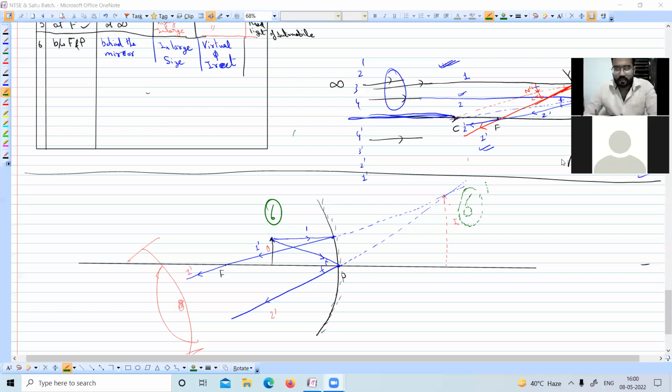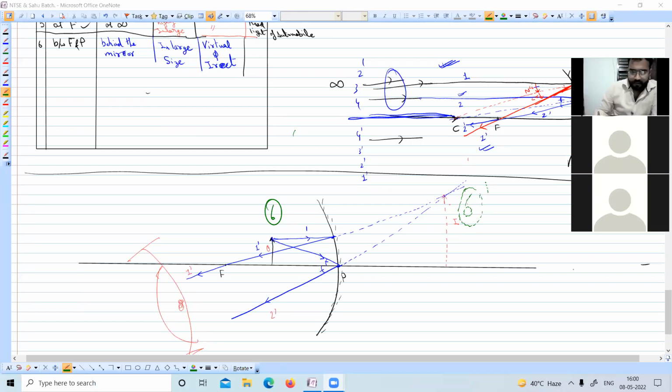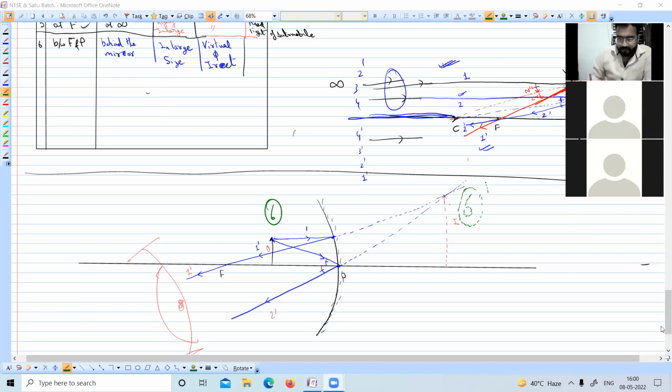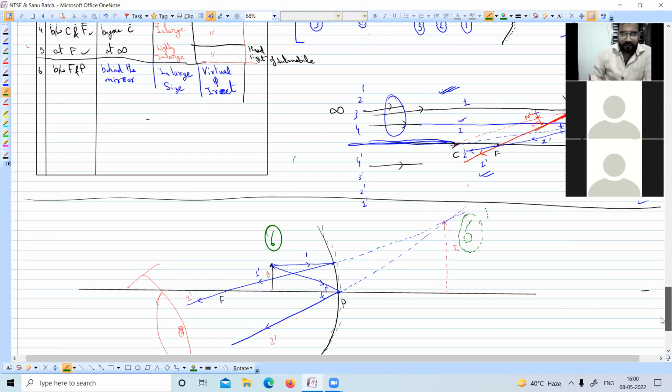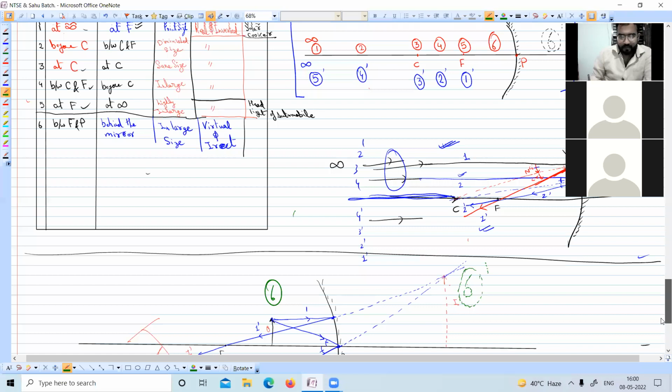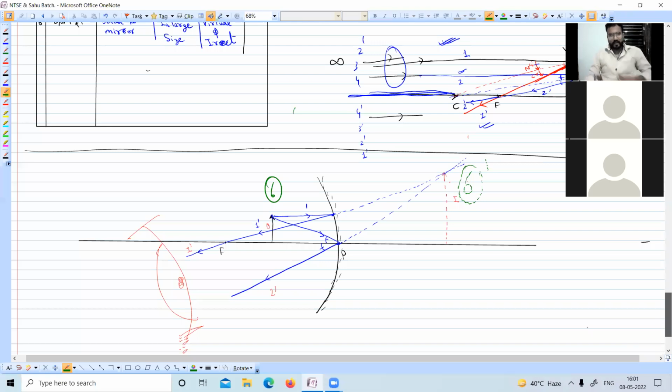Now let us begin with the discussion we did. So till 6 point we discussed the image formation by a plane mirror and by a concave mirror. Now let us see the convex part.